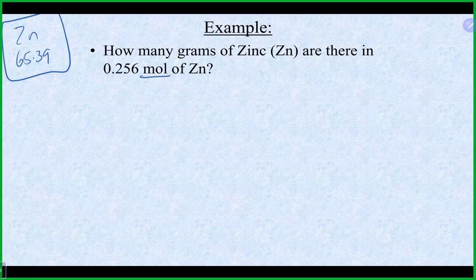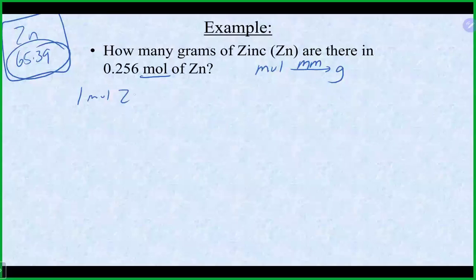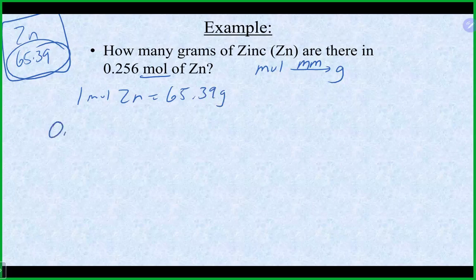So this is again going to be a moles to grams conversion, which is going to be the molar mass from the periodic table. So we could pull it off the periodic table there, about 4 significant figures, and that will tell us in 1 mole of zinc, there is 65.39 grams.